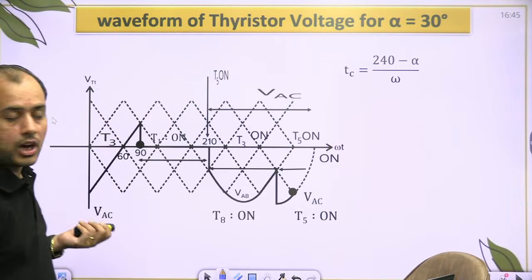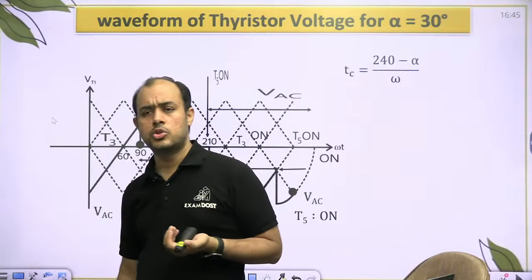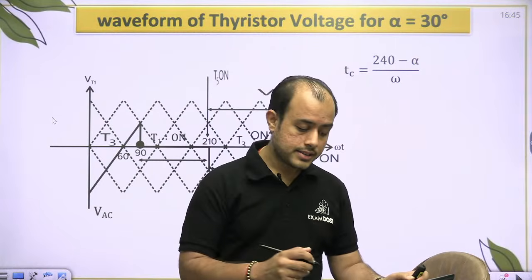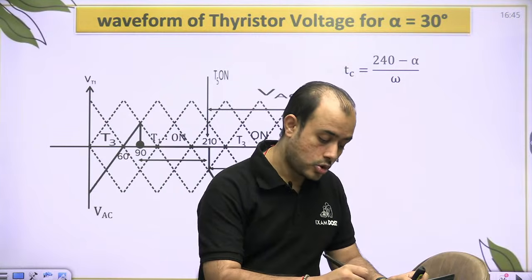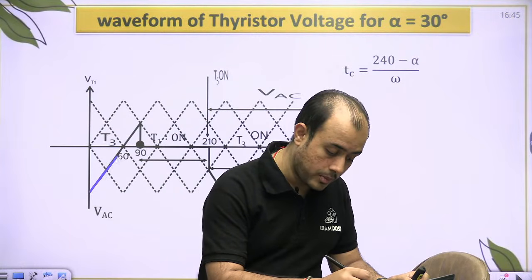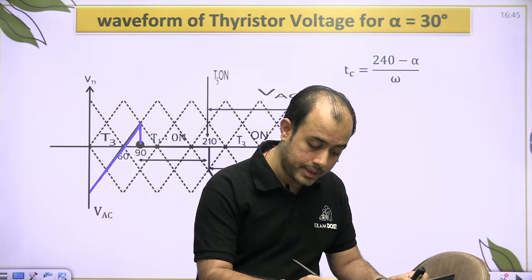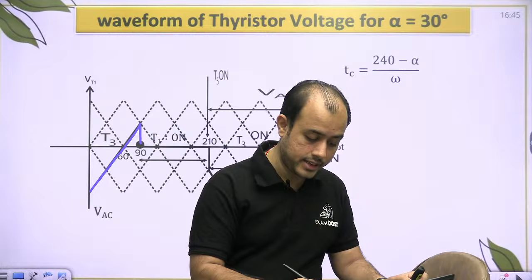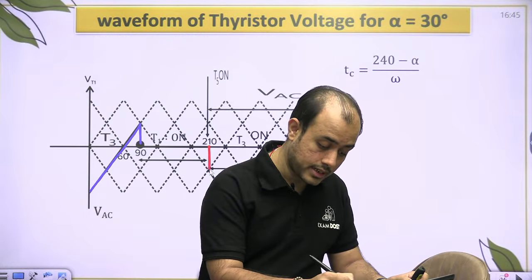Okay. Now, the circuit turn off time, you have to memorize. You don't have to draw the waveform. Circuit turn off time is basically 240 minus alpha by omega. But do not forget to convert 240 minus alpha into radian. 240 minus alpha को भैया radian में convert कर लेना.